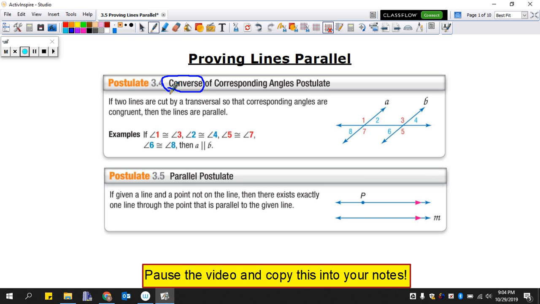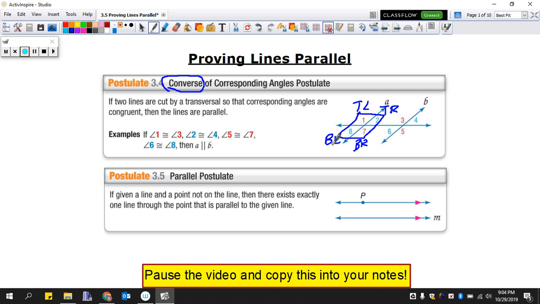Okay, so remember we initially said that if two lines are parallel and they're cut by a transversal, the corresponding angles are the ones that have the same relative position. Remember, we said that would be the same thing as top left, top right, and bottom left.